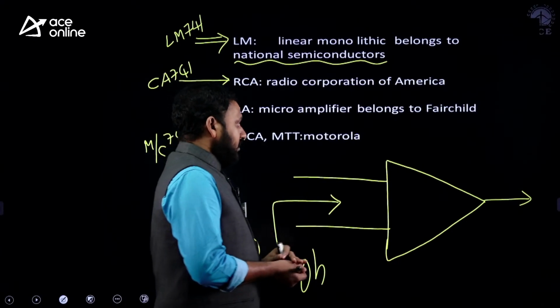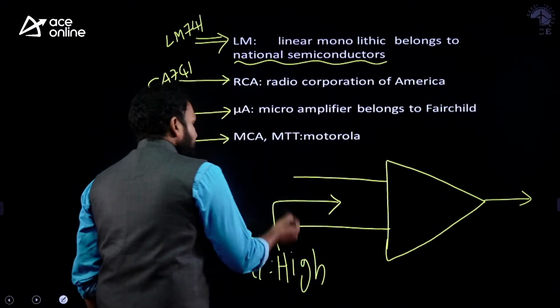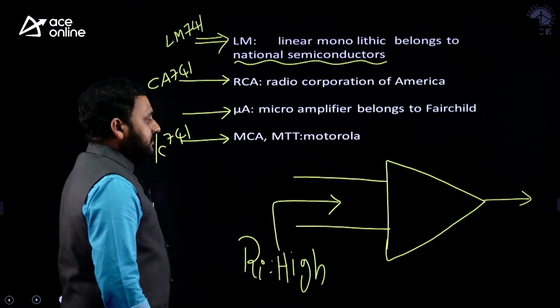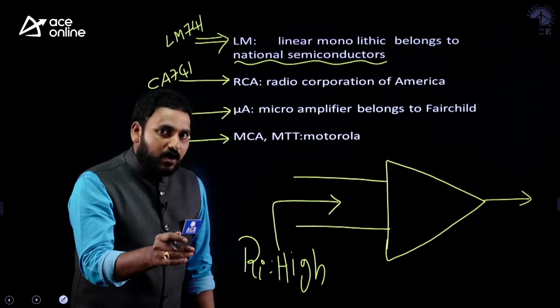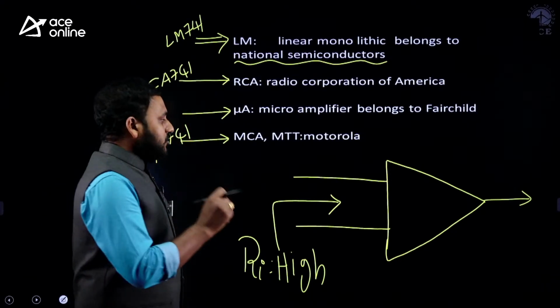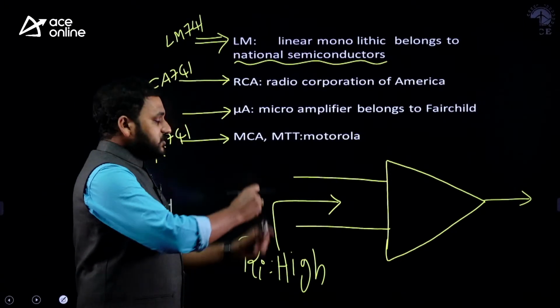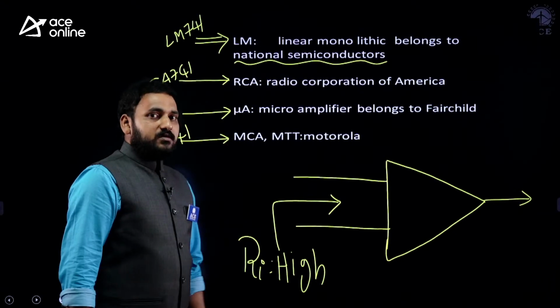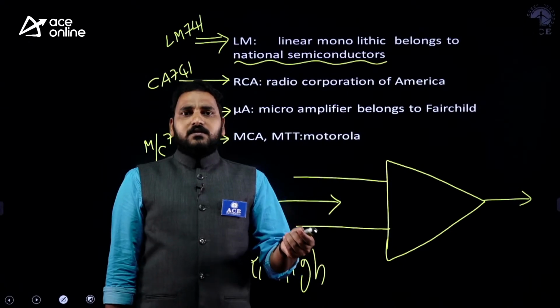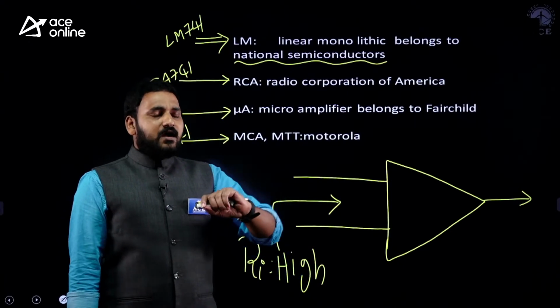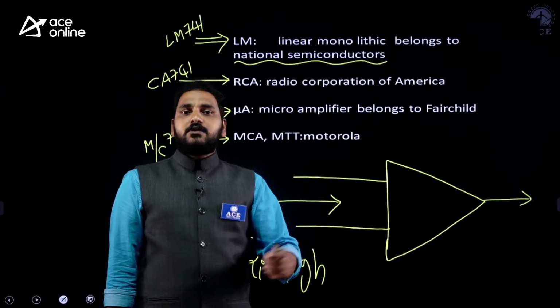As I told you, the input impedance of op-amp is very high. You remember, very high, ideal case infinite; very low, ideal case 0. You should know for each specification of the op-amp what the value should be, low or high. If you guess it should be low, then the ideal value is 0.